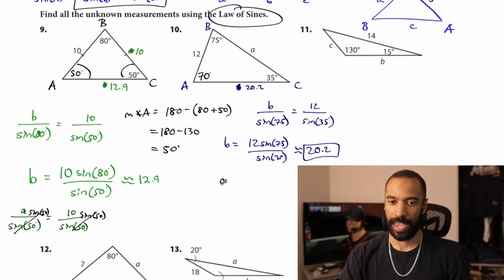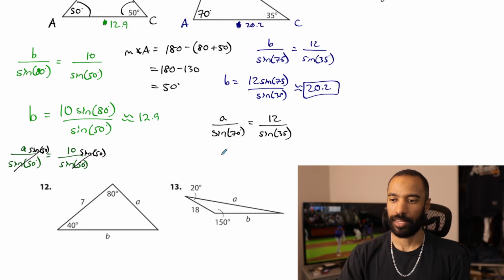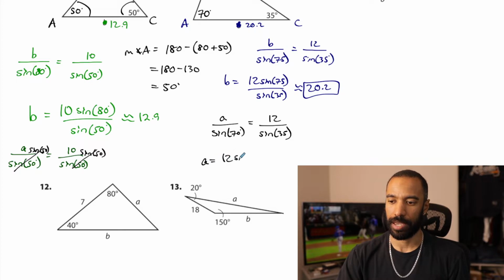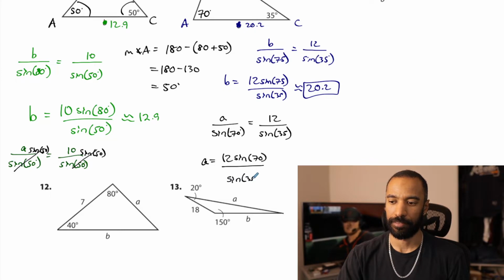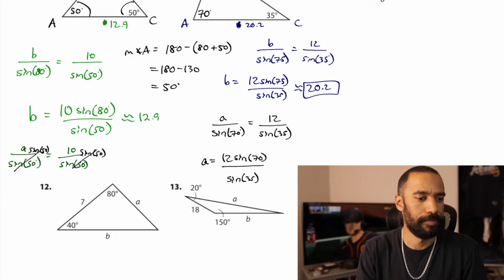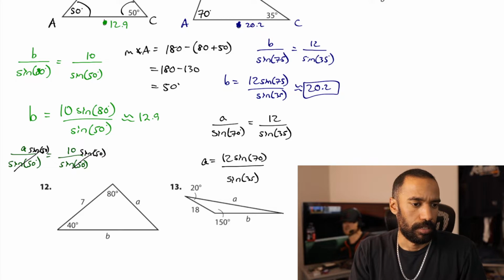Let's do A over the sine of A equals C over the sine of C. So the length of A is 12 times the sine of 70, as we multiply both sides, over the sine of 35. 12 times sine of 70 over sine of 35.